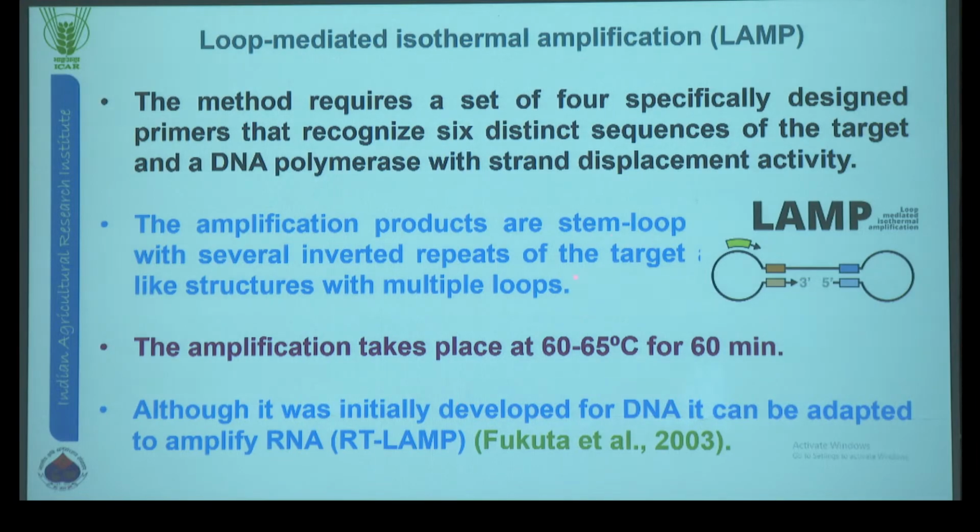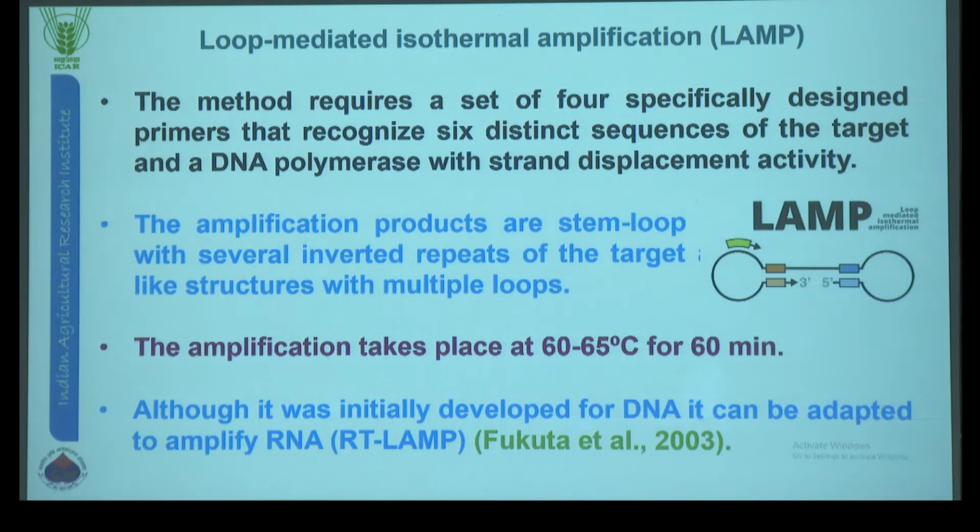This is basically based on DNA. Based on DNA you can detect directly; initially it was developed for DNA, but later came RT-LAMP, where reverse transcriptase means you can isolate the RNA, make cDNA, and through cDNA you can do the LAMP. Understand my point?